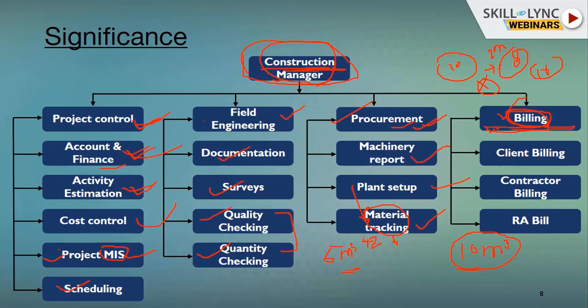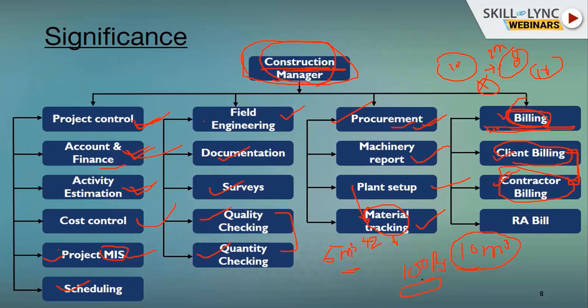So billing also consists of two parts. One part is the client part, and the second part is the contractor part. Okay, we will see both parts separately, how client billing is done and how contractor billing is done. Client billing is basically, if suppose I am the concessionaire, I have taken the project for suppose 100 rupees. So the client will give me 100 rupees.